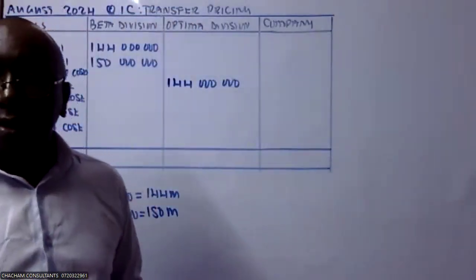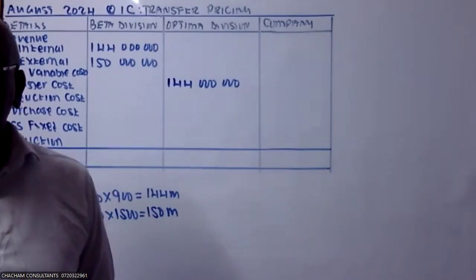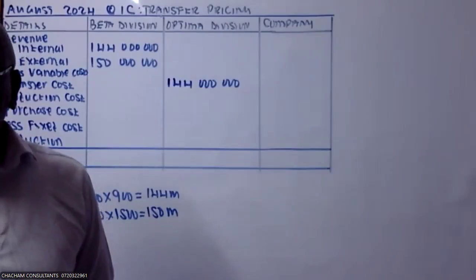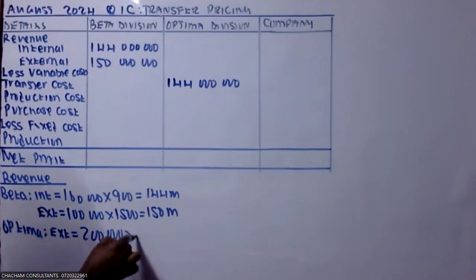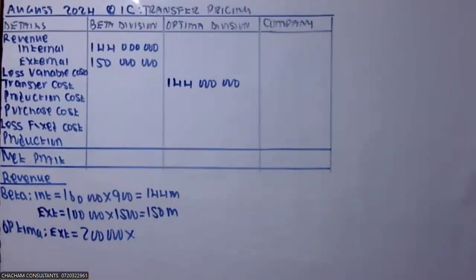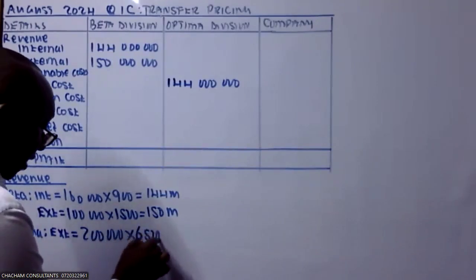Optima is selling 200,000 at a price of 6,500.